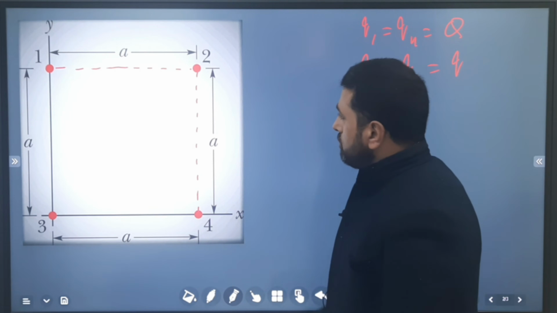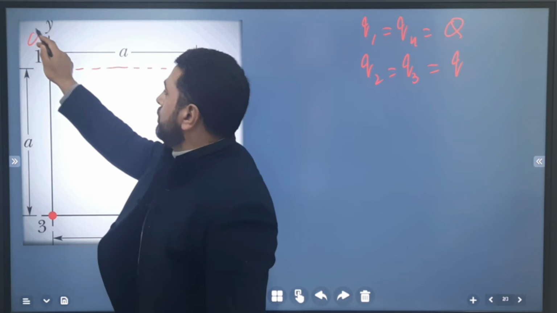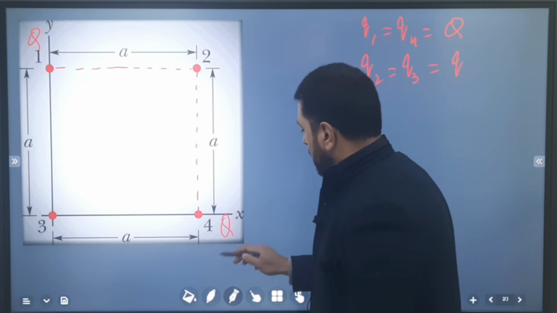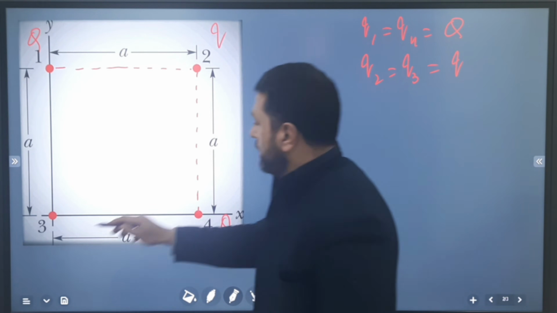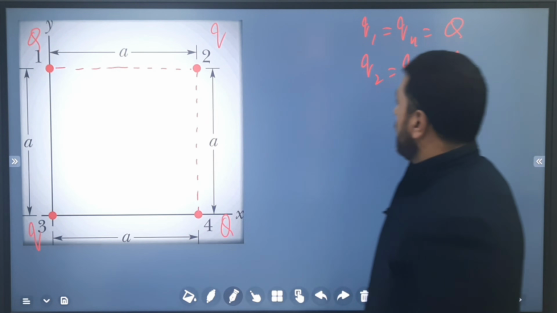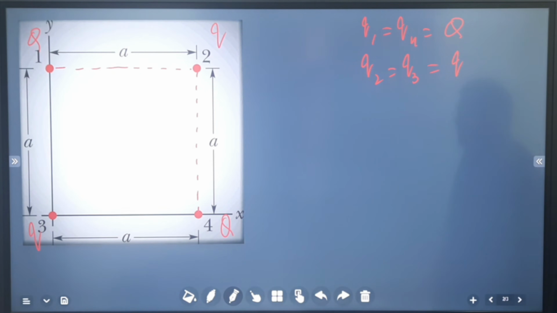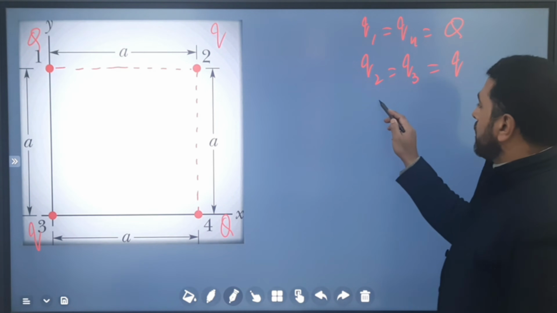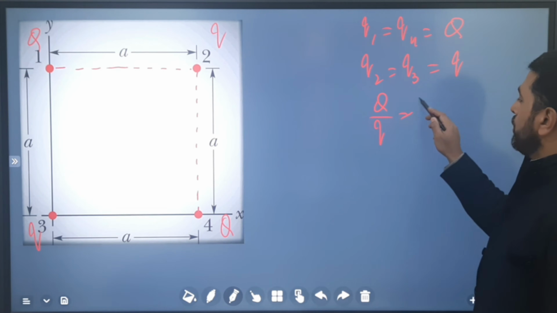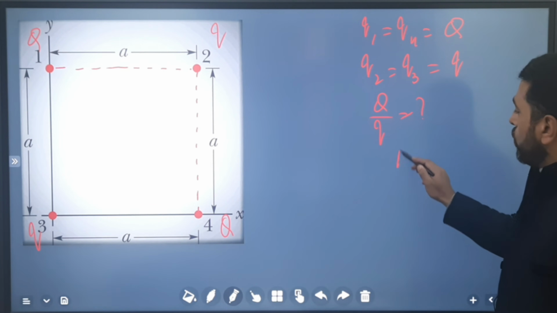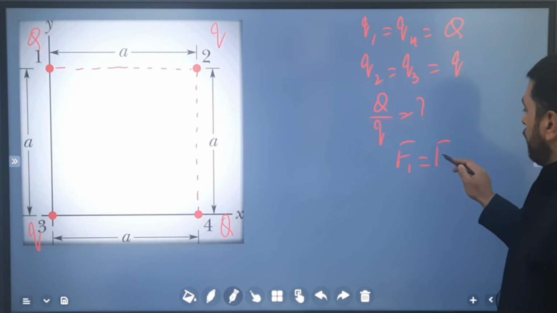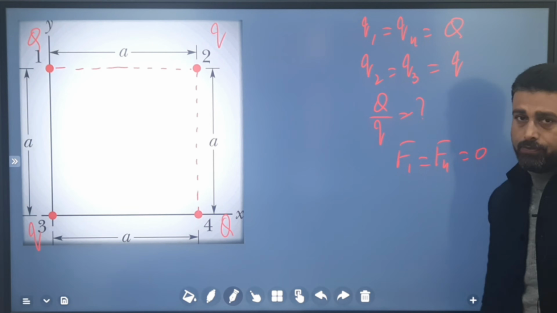Now this one is capital Q, this one capital Q, this one is small q, and this one is small q. In the first part, we have to find out capital Q divided by small q if net force on particle 1 and particle 4 are 0.